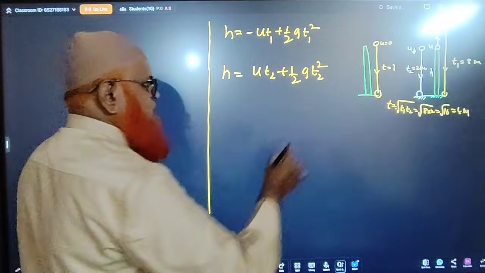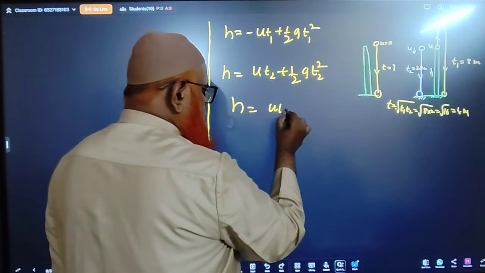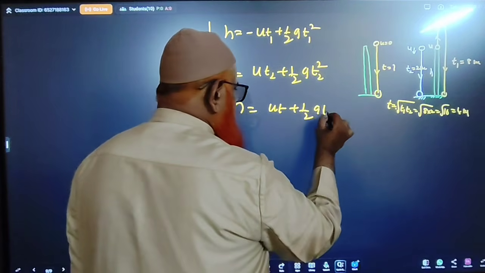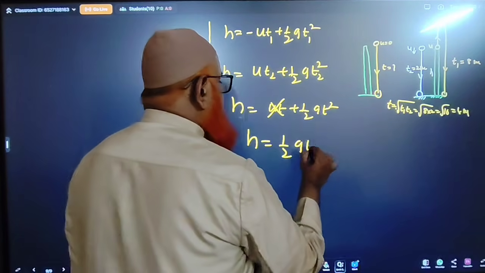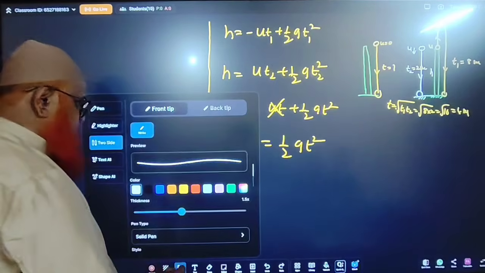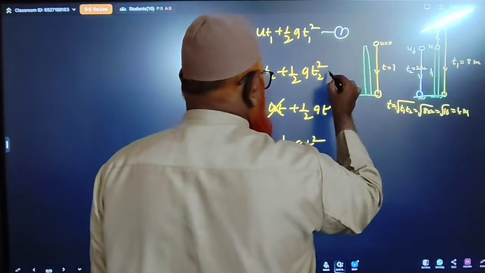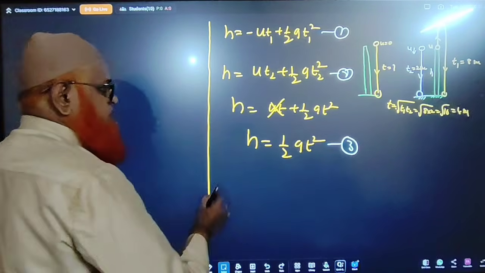What is the third situation, when you drop a body? h is equal to ut plus half gt square, where initial velocity is 0, so h is going to be half gt square. That's it. So this is the data with us: first equation, second equation, third equation.